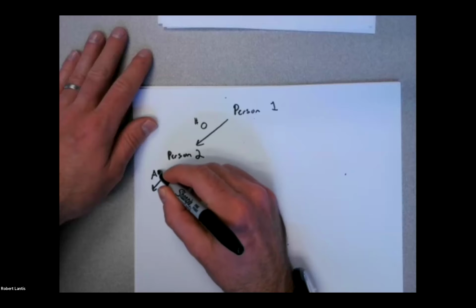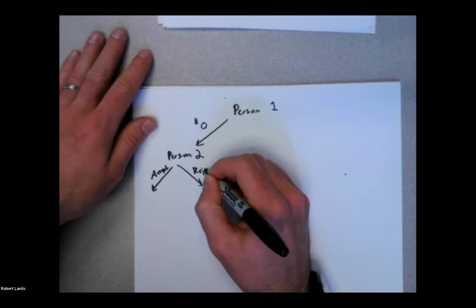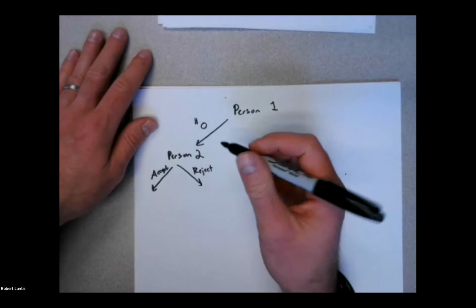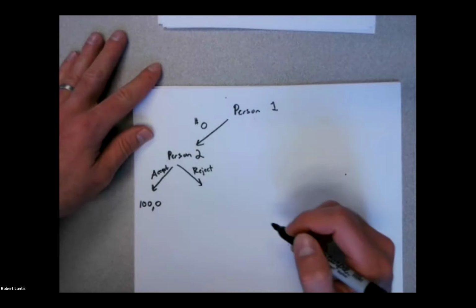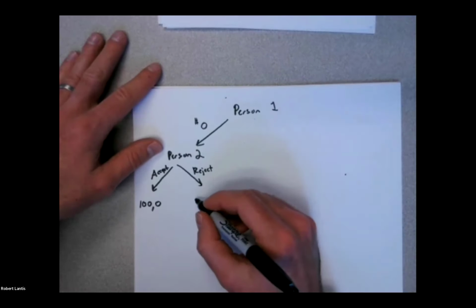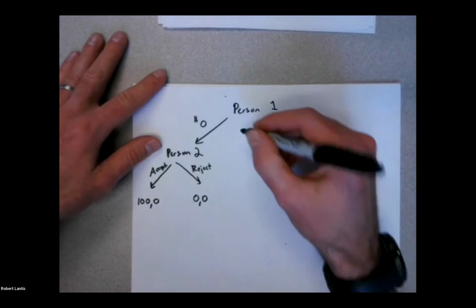They can accept or reject that. If they accept it, person one gets to keep all $100 and person two gets nothing. If they reject it, we both get zero.